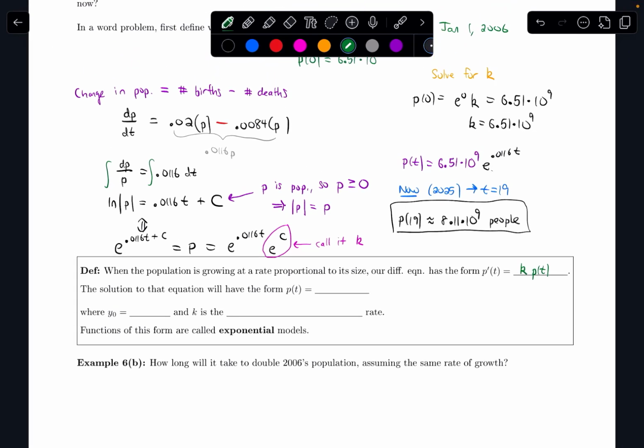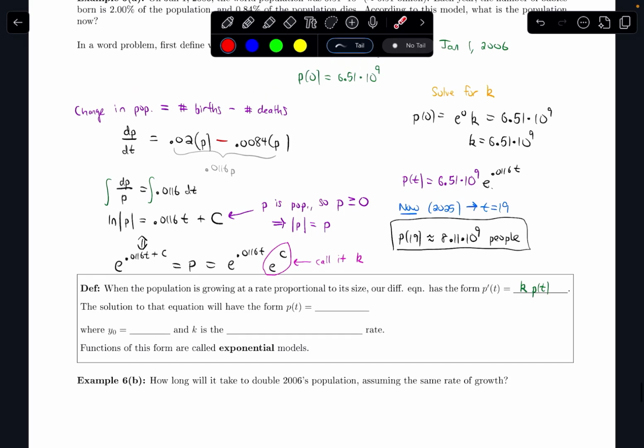And that's what we were seeing here. Our derivative was equal to p just multiplied by some constant. When it has that form, that corresponds to some type of exponential either growth, or it could be exponential decay.